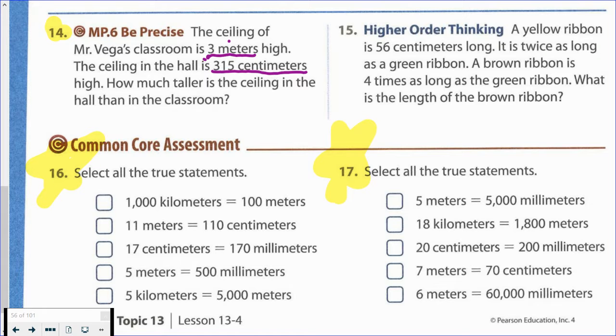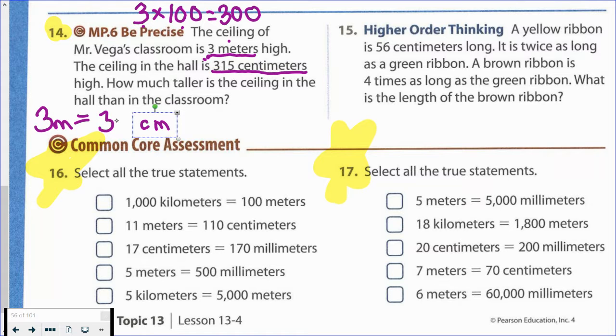So what we're going to do is we're going to convert the 3 meters into centimeters. Okay, so we know 1 meter has 100 centimeters. So 3 meters, 100 centimeters in each one, that's going to give us 300.